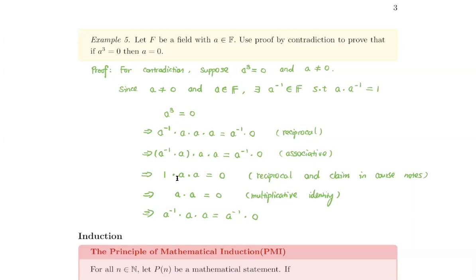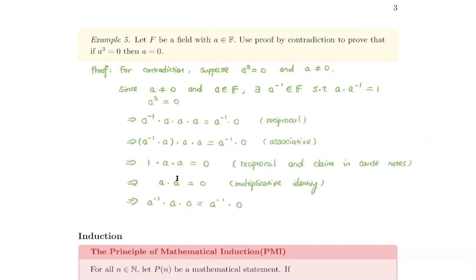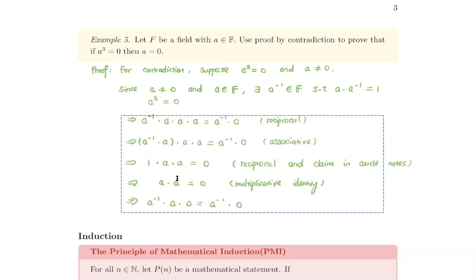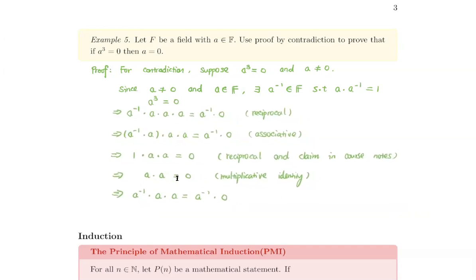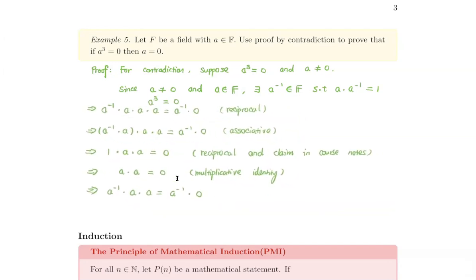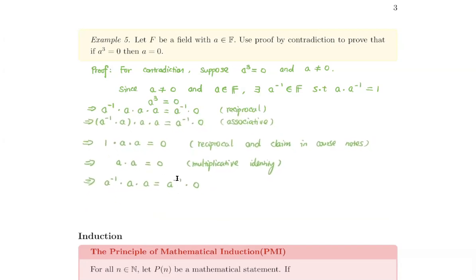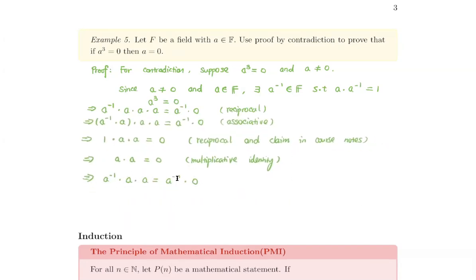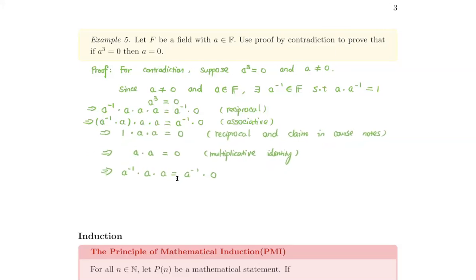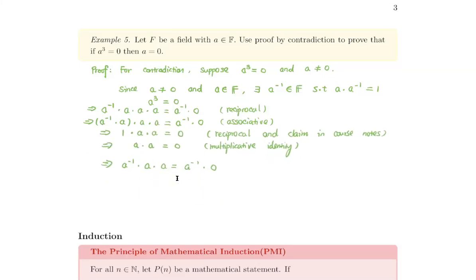Well, this is longer than I thought it would be. Move everything up. Wait. Okay, this is better.